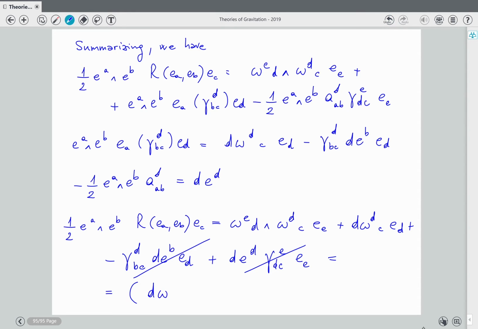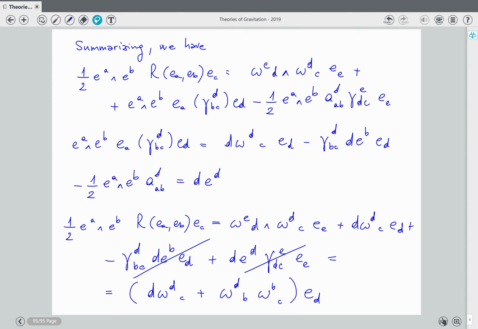So let me write d omega dc plus omega, I want a d there. C remains where it is. The d is this one, and then you have a contraction of indices in the middle, which makes it useful to use this matrix notation.